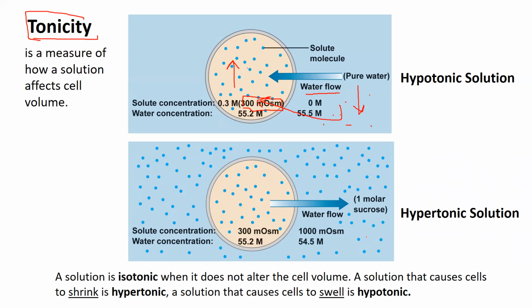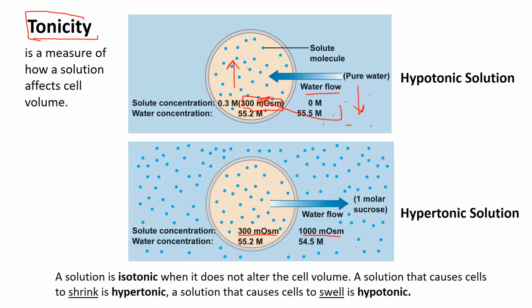Whereas in this case here, we have the cell having 300 milliosmol in terms of osmolality, and outside we have 1,000 milliosmol. So which side, the cell or the solution, has higher osmotic pressure?